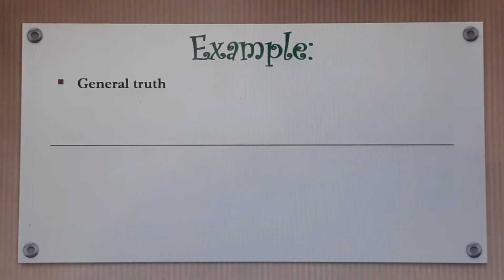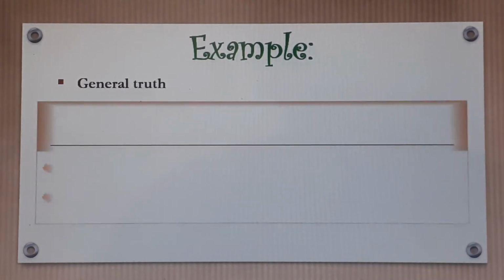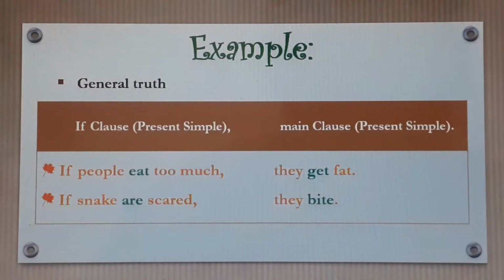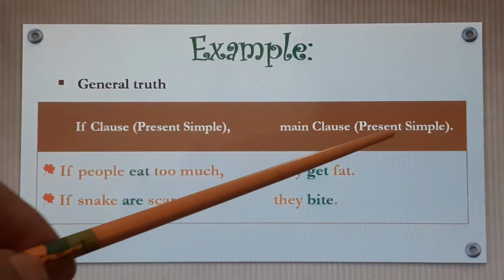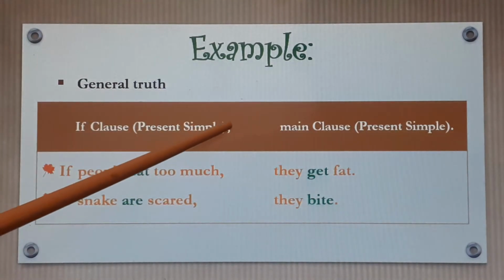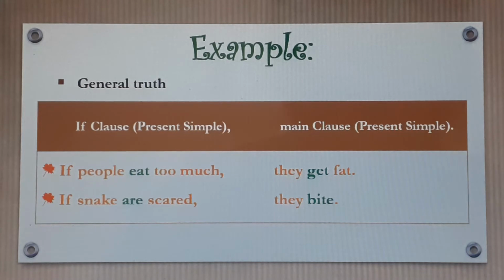Next is the example of general truth, because not all general truth is related to scientific fact. Here, the rule is still the same. We have if clause, use present simple, main clause, use present simple, separated by comma. The first example, if people eat too much, they get fat.